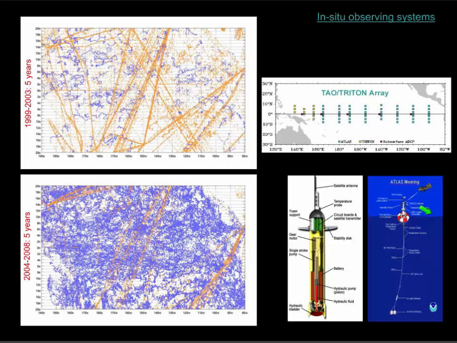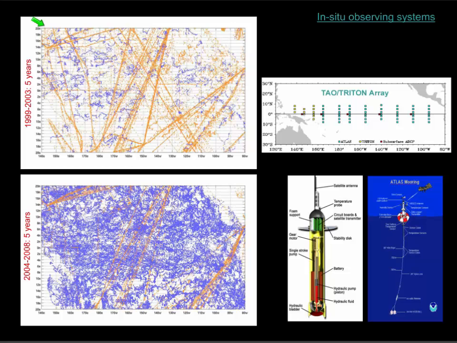And if you look at these two figures on the left, in orange and purple dots are the points where we have data that is going down to maybe 500 meters, what we call profile data, measurements of temperature and, if we're lucky, of salinity of the ocean.